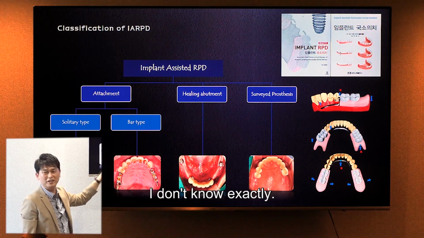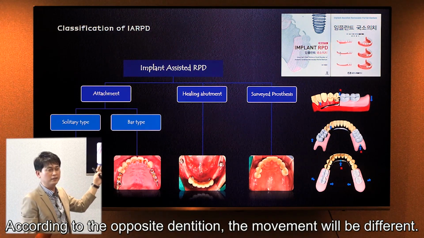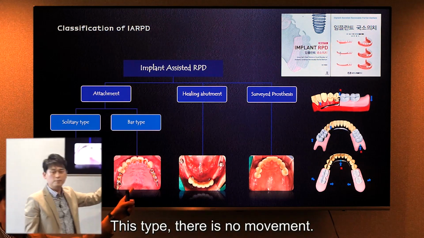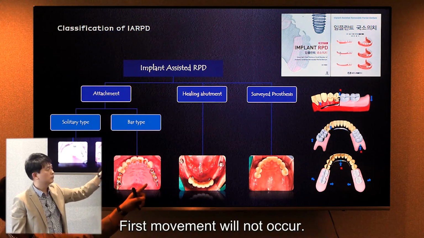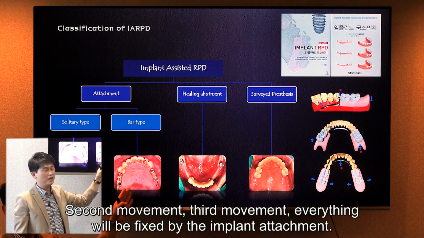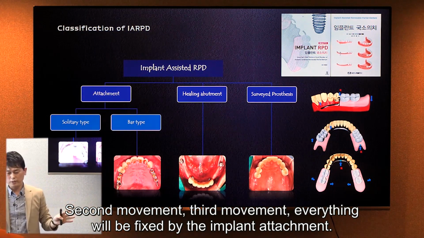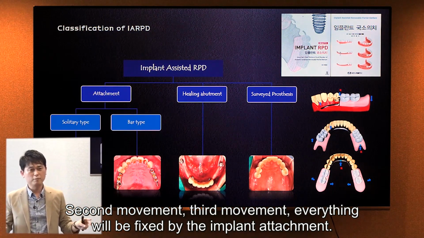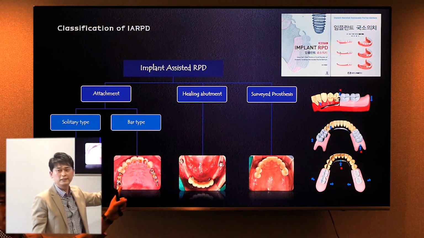I don't know exactly. According to the opposing dentition, the movement will be different. This time, there is no movement. The first movement will not occur. Second movement, third movement, everything will be fixed by the implant attachment. That is the bar type.